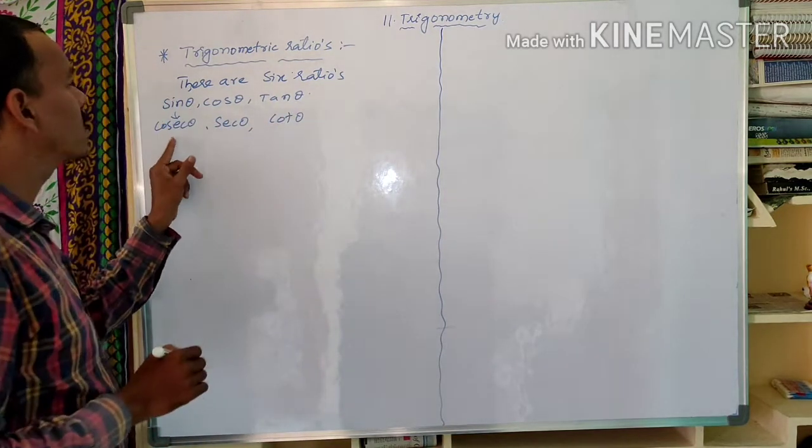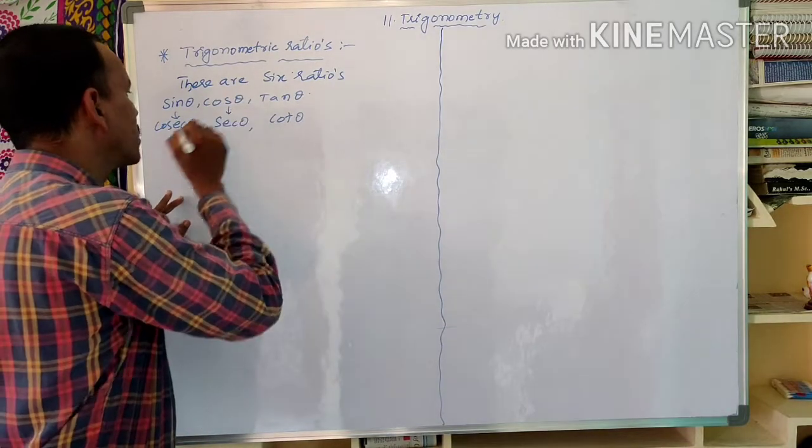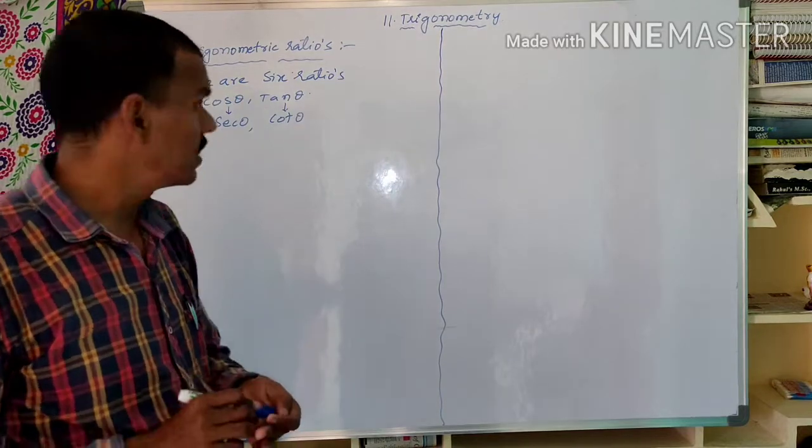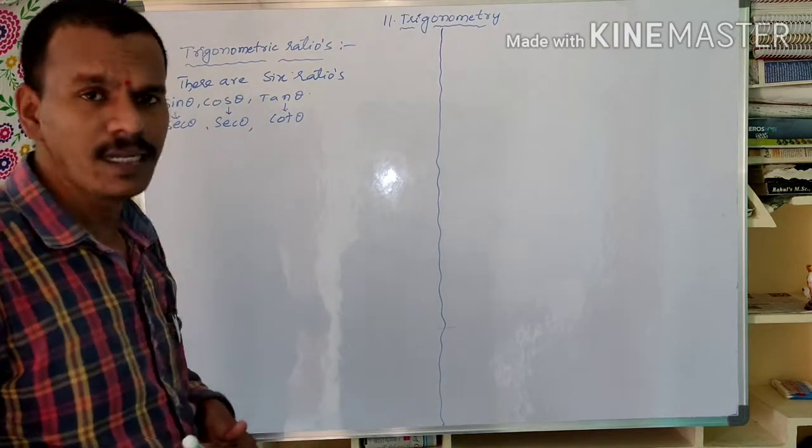So the reciprocal of sine is cosec, the reciprocal of cos is sec and the reciprocal of tan is cot. These 6 are trigonometric ratios.